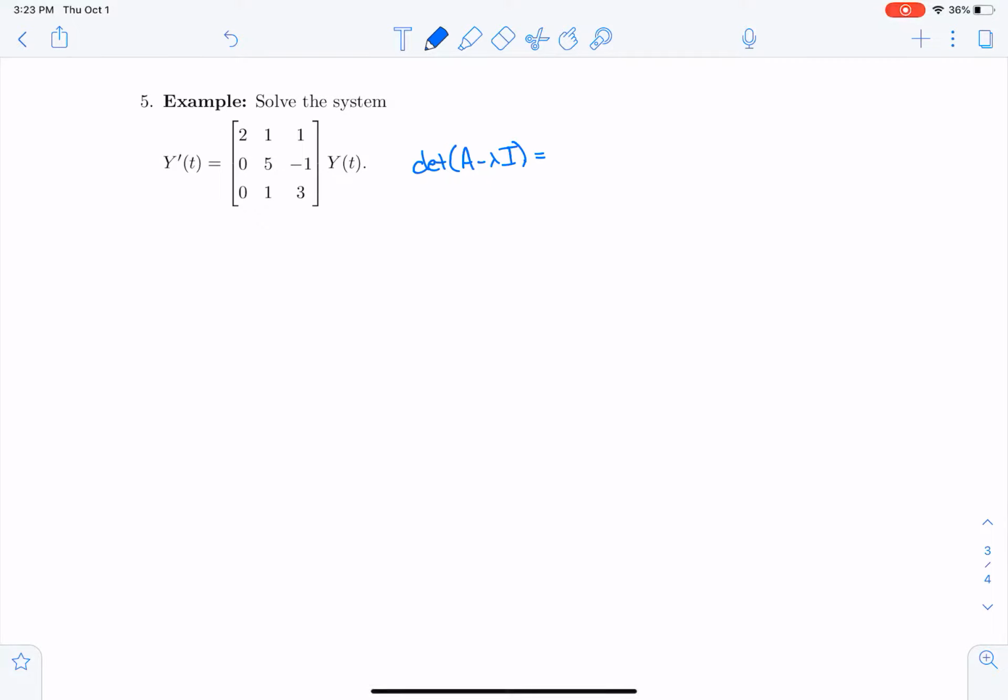So that's the determinant of the matrix 2 minus lambda, 1, 1; 0, 5 minus lambda, negative 1; and 0, 1, 3 minus lambda.